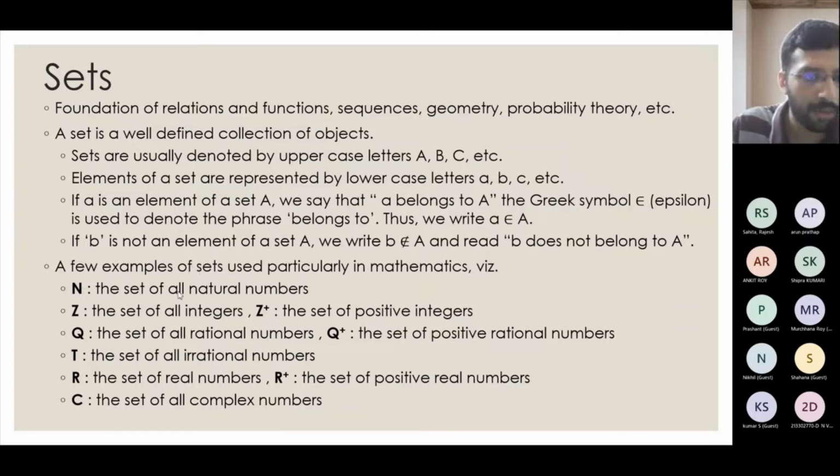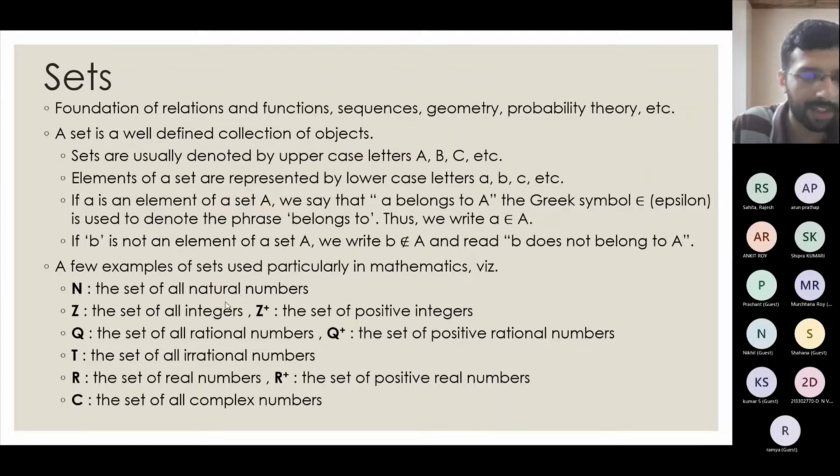Q is the set of all rational numbers, like 1.5, 2.5, 3.5, and Q plus similarly for positive. And Q prime denotes the set of all irrational numbers, like 1 by 3, 2 by 3. You can denote 1 by 3 as 0.333 with an infinite number of 3s, right? So those kinds of things are irrational. Then R is the set of real numbers, which consists of all the rational elements as well as all the irrational elements.